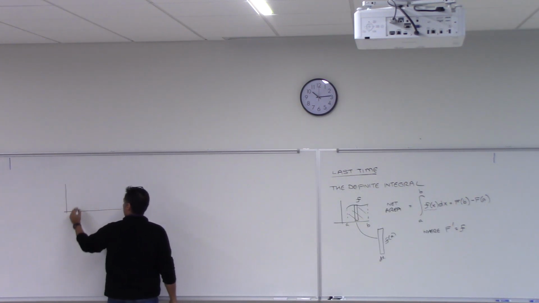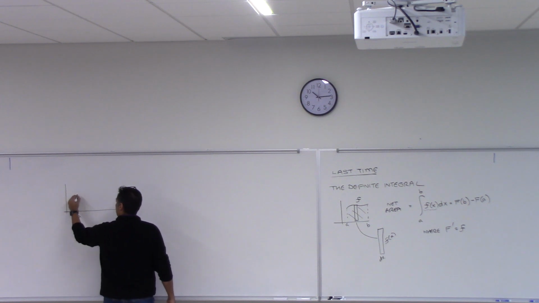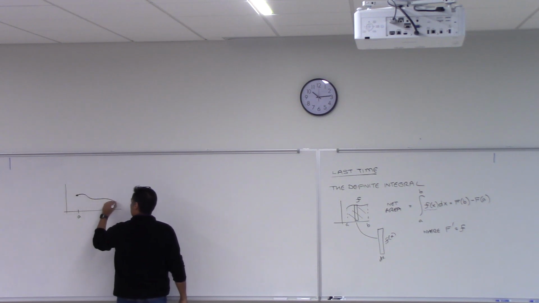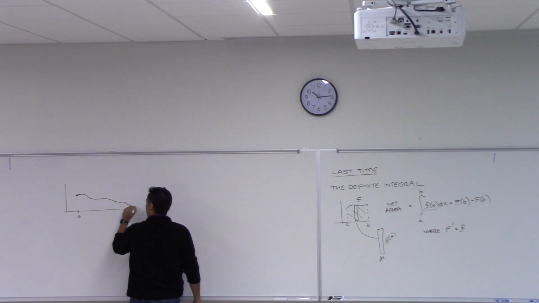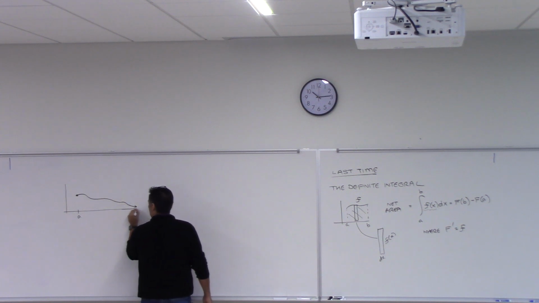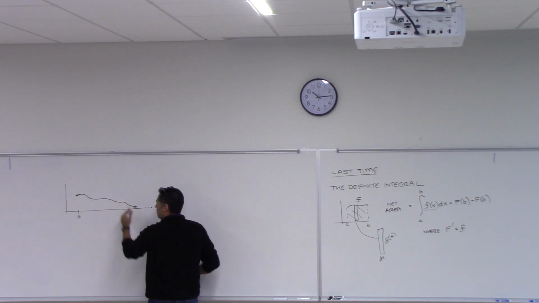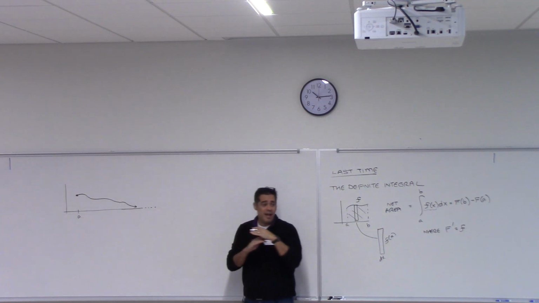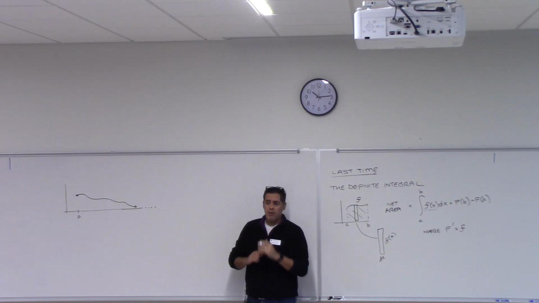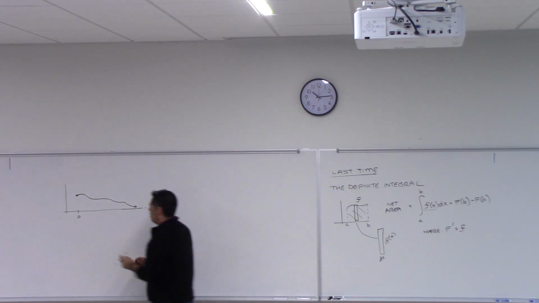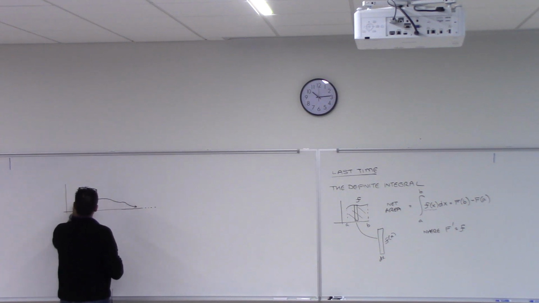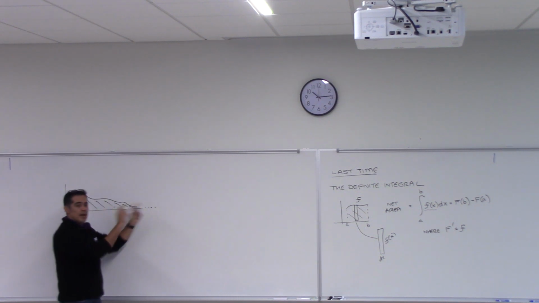Maybe that function starts at A, and then maybe that function just continues, I don't know, maybe it has like a horizontal asymptote and it keeps going, gets closer and closer to the x-axis. And what if we want to know that area underneath this, but forever, like in that direction forever?